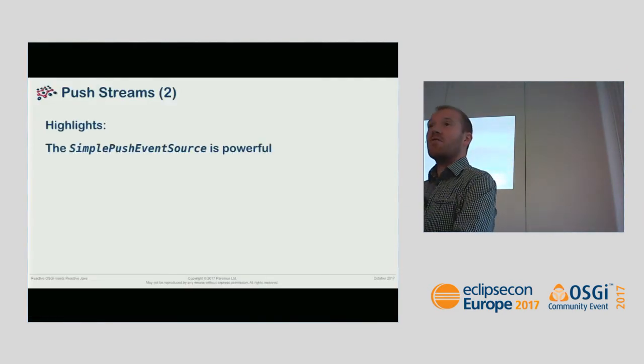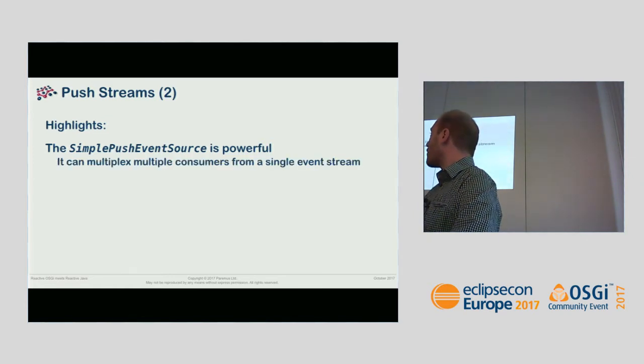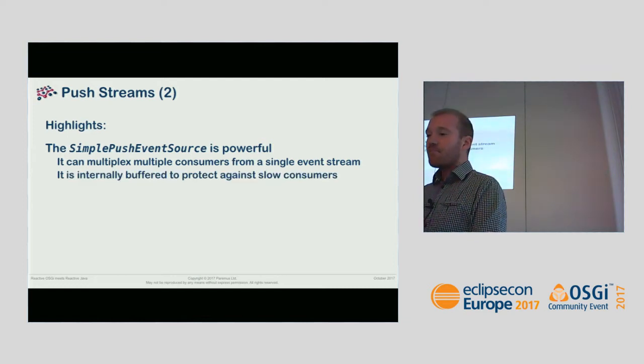We had this thing called the simple push event source. It's actually very powerful. I didn't show all of its features because we don't have time to go into really deep detail on all of these things. I need to give you a broad overview. But it is a powerful thing that can multiplex lots of consumers from a single stream. We just had a single consumer, so we're not really using it to its full capability, but it can do that too. It's buffered, so it means that even though in this case my consumer was fast, if my consumer was slow, that would be okay.